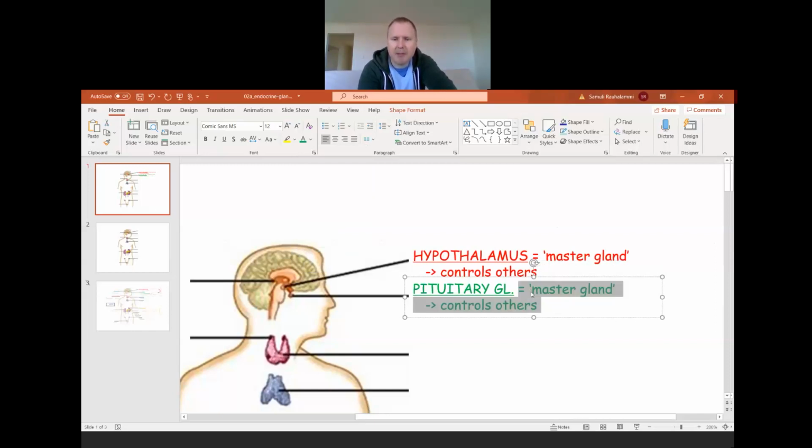And you remember that the pituitary gland was immediately underneath the hypothalamus, this kind of hanging pair of sacs. So this gland had both an anterior and posterior part to it. So we're going to work with that information.